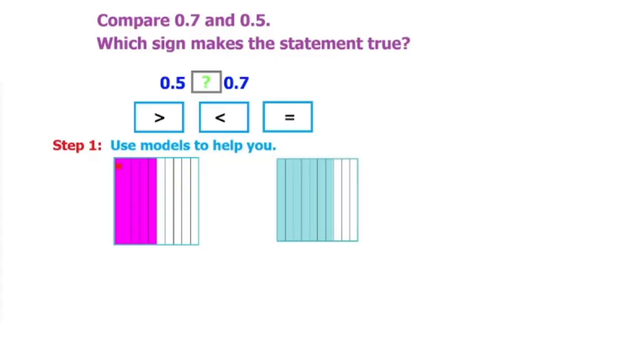This one has 10 bars, but how many are filled in? 1, 2, 3, 4, 5, 6, 7. So we can see that 5 of the 10 columns are shaded. This means 5 out of 10, or 5/10. And that is the same as 0.5.